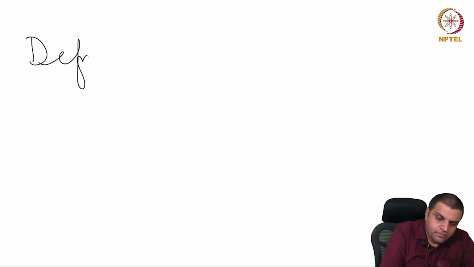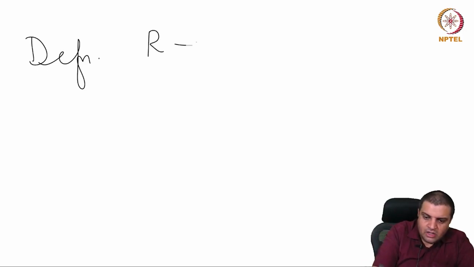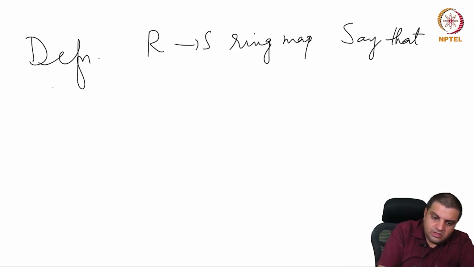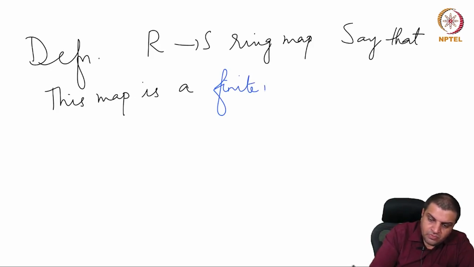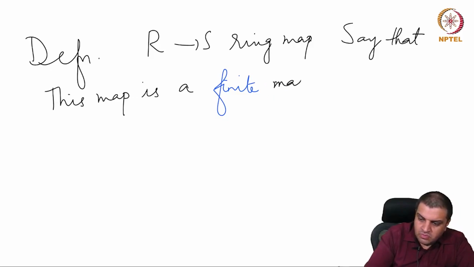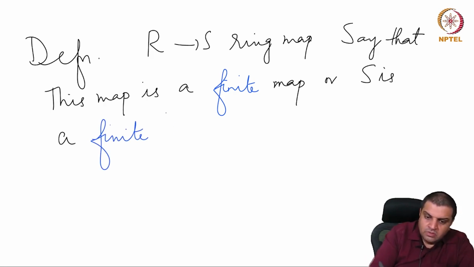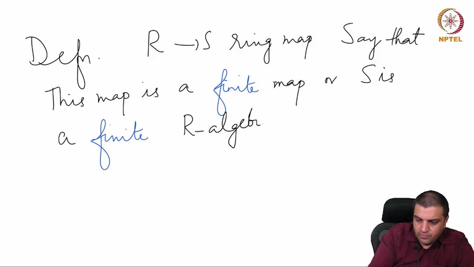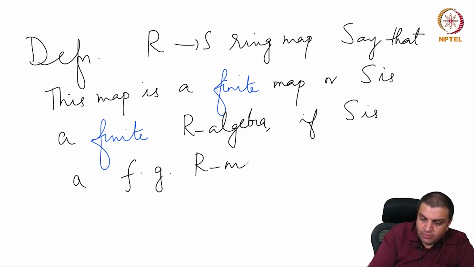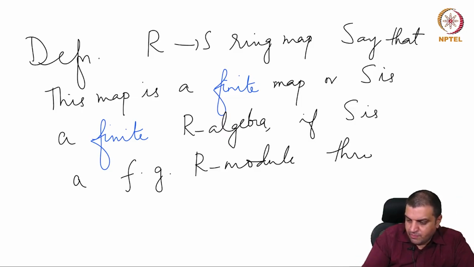So, definition. R to S ring map. Say that this map is a finite map, or S is a finite R-algebra, if S is a finitely generated R-module through this map.